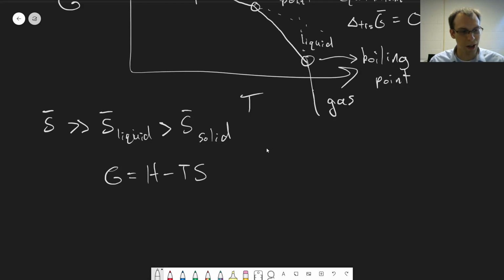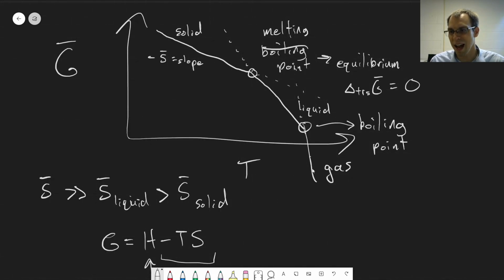This is the definition of the Gibbs energy. And so looking at just the negative TS part, as we increase temperature that has the slope based on S. But what also matters is H. A gas is going to have the highest entropy value, and the highest sort of internal energy. H is U plus PV. Whereas a solid will have the lowest internal energy, lowest enthalpy value.